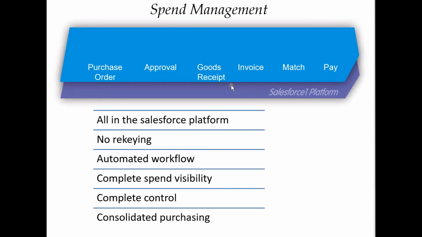So if you're spending a lot on office supplies, you can maybe look at that and negotiate with your suppliers, or find a supplier, especially buying a certain item, and get it at a better price and so on. And it gives you complete control and a lot of automation. There's already automation in there, but you can do additional automation as well.